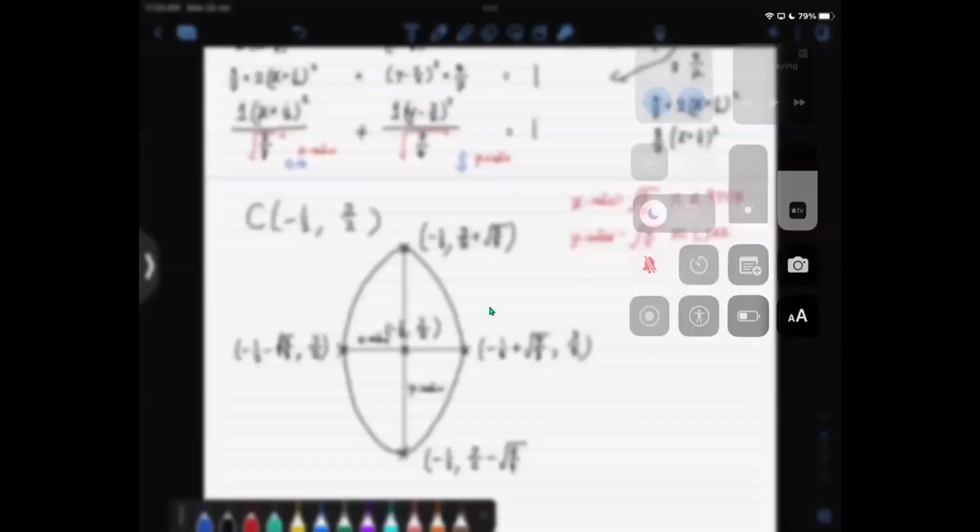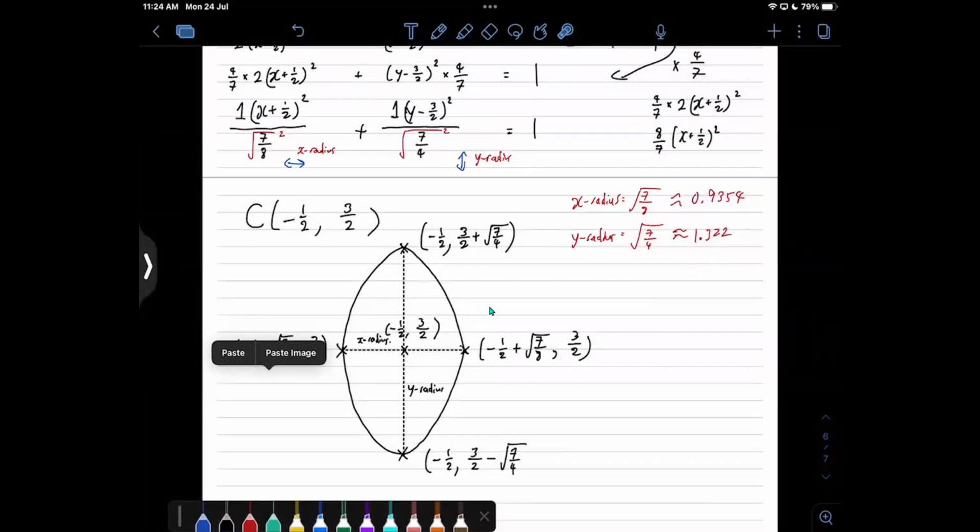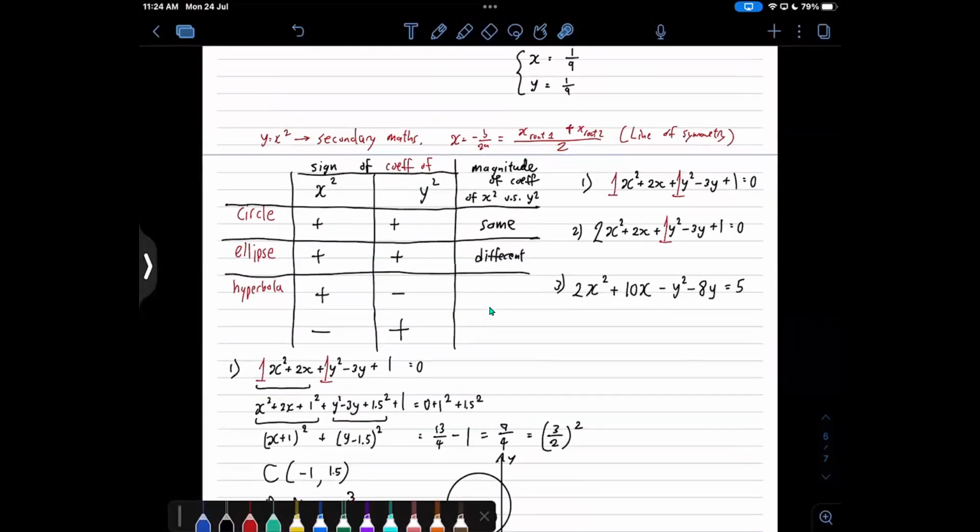Hyperbola. For hyperbola, you do almost the same thing. Let me copy the equation first. Wait, let me double check whether this function even works in the first place. Give me a second. Okay, 2x squared plus 10x, and then I minus y power 2, and then I minus 8y, and equals to 5. Okay, it works. Good.